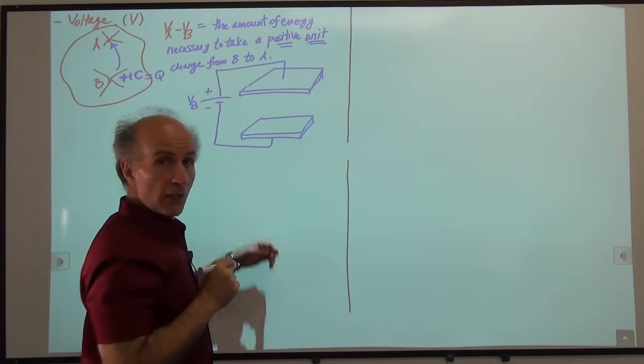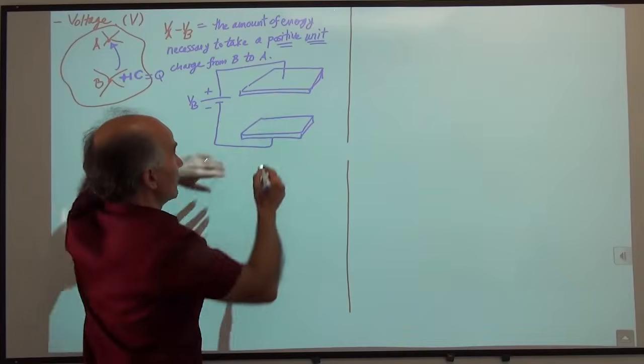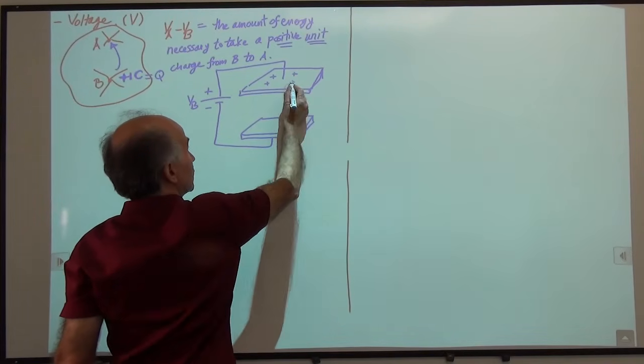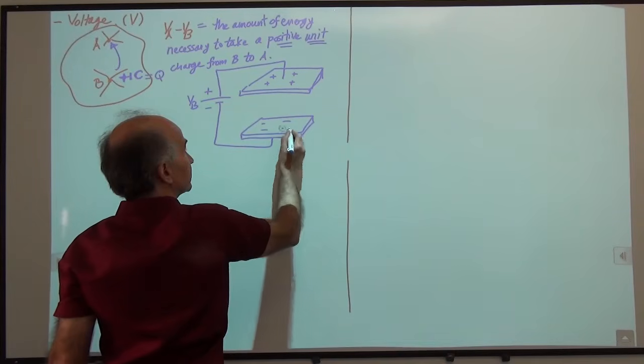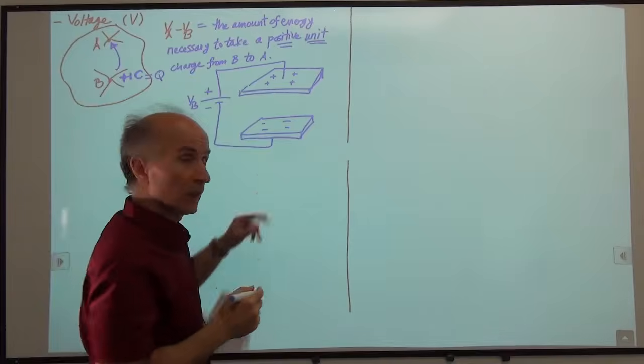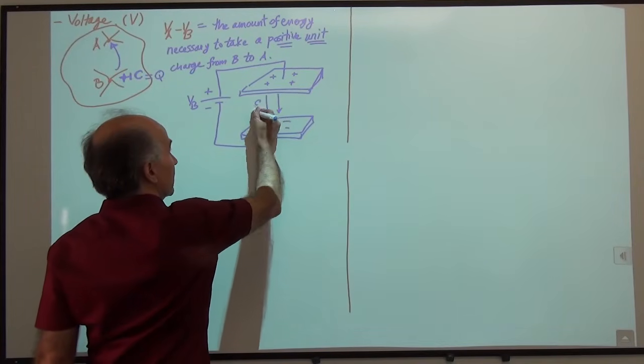As you remember from physics, this battery gives us some positive charge on this plate, some negative charge on this plate, and it creates an electric field from here to here. So we have an electric field oriented in this direction.